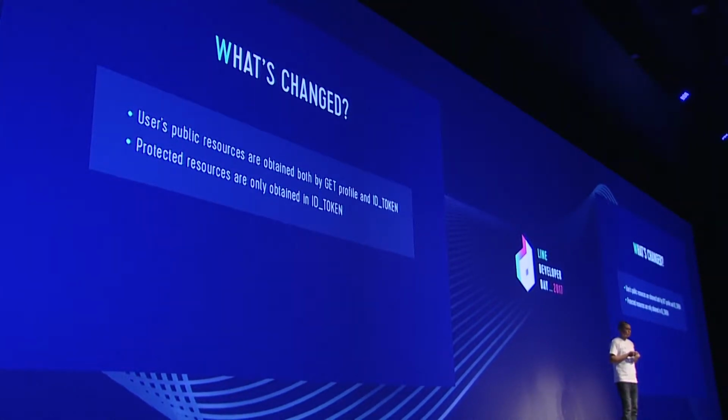But in addition to this, ID token will also include these user resources. On the other hand, for email and phone numbers and other high-level security resources will only be provided through ID token from now on.